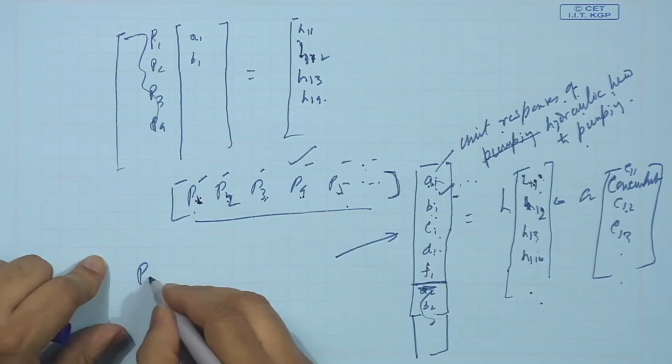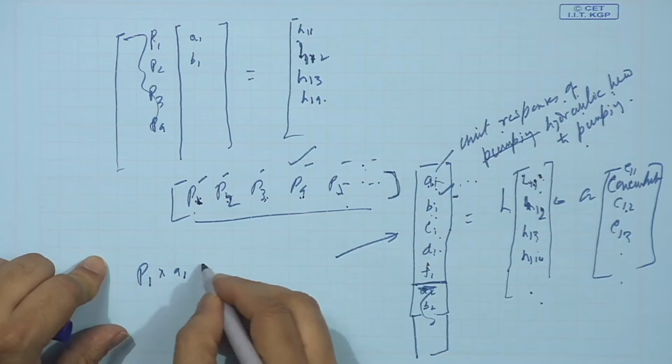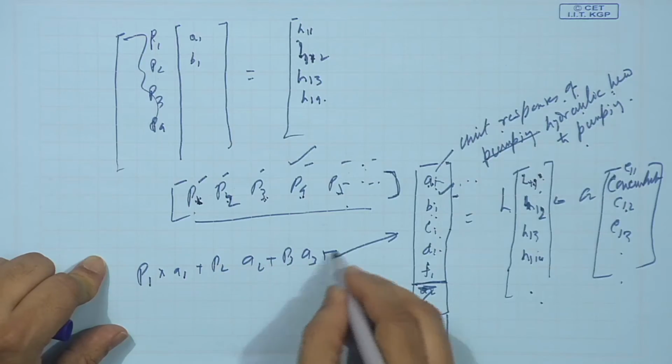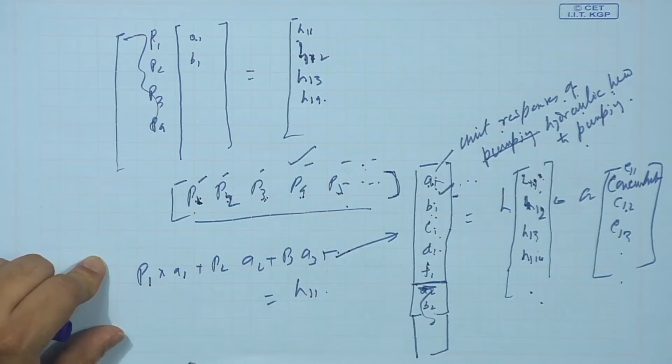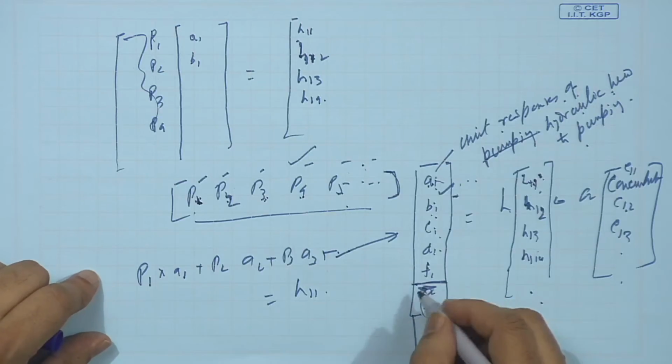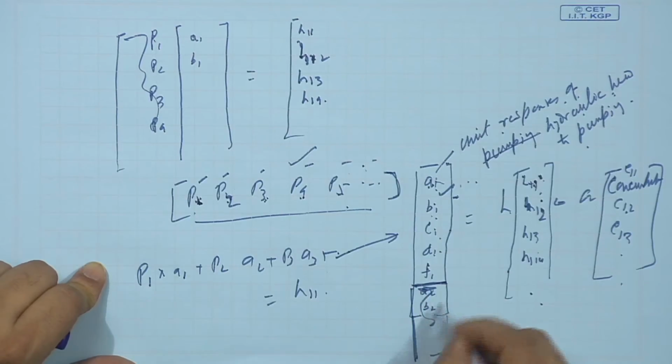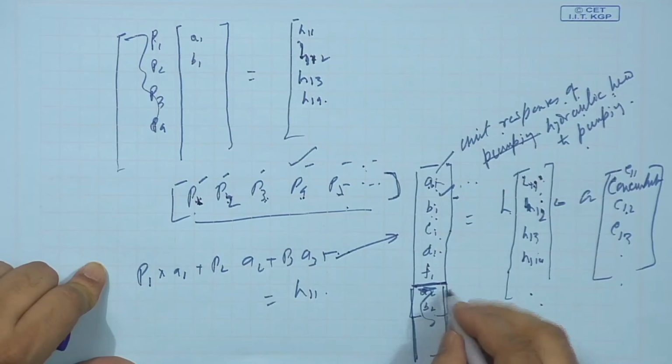So that means P1 into A1 plus P2 into A2 plus P3 into A3 plus whatever is equal to H11. Okay. Similarly, I can have the effect of pumping on H2 that is given by another set over here.